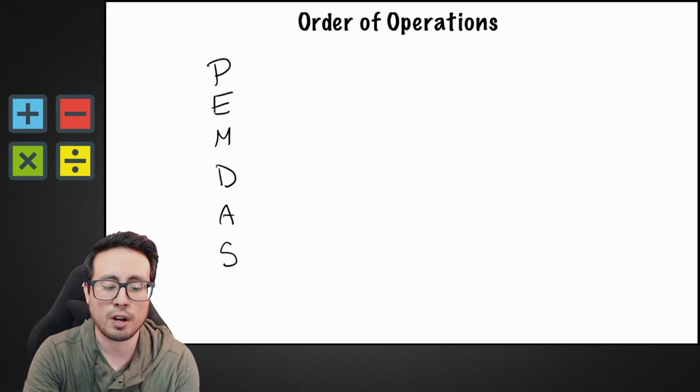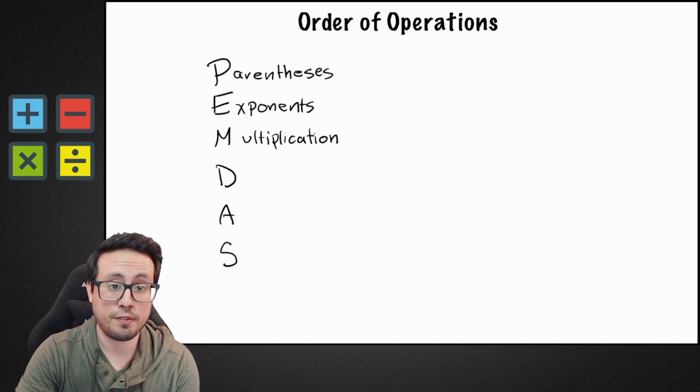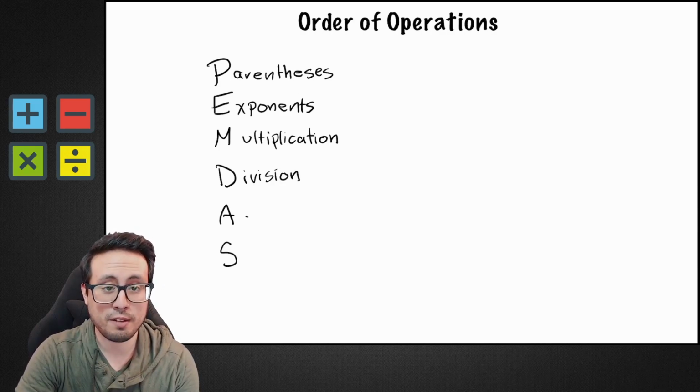PEMDAS stands for parentheses, exponents, the E is for exponents, multiplication, D is for division, and you guys could probably guess what the last two are, but I'll give them to you. A is going to be addition, and S is going to be subtraction.